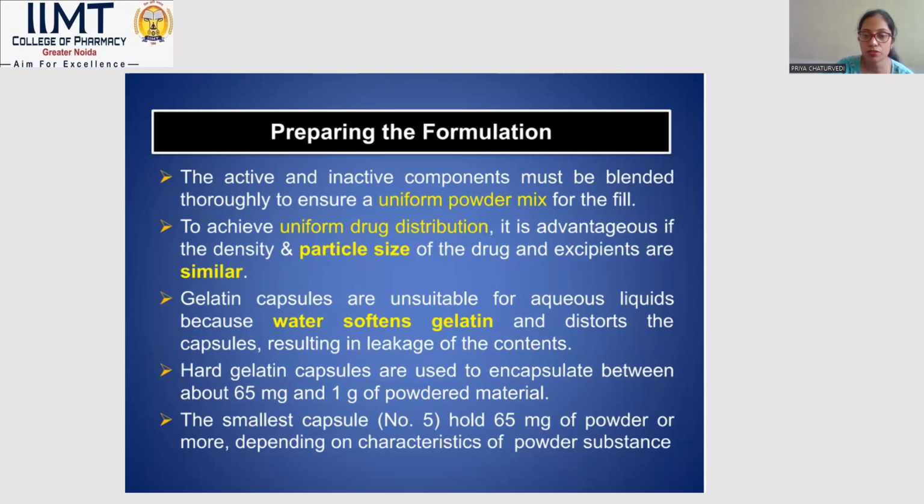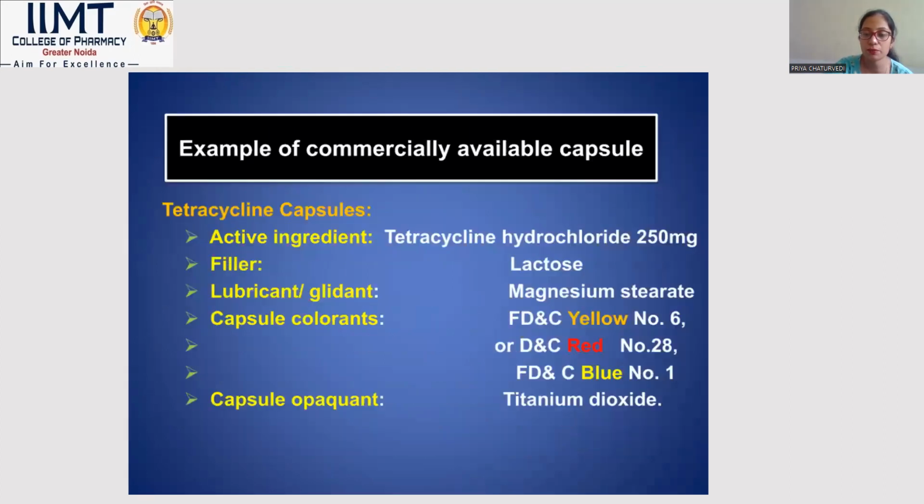Hard gelatin capsules are used to encapsulate between about 65 mg and 1 gram of the powdered material. The smallest capsule, number 5, can hold 65 mg of the powder or more, depending on the characteristics of the powder substance. Now, an example is a tetracycline capsule.